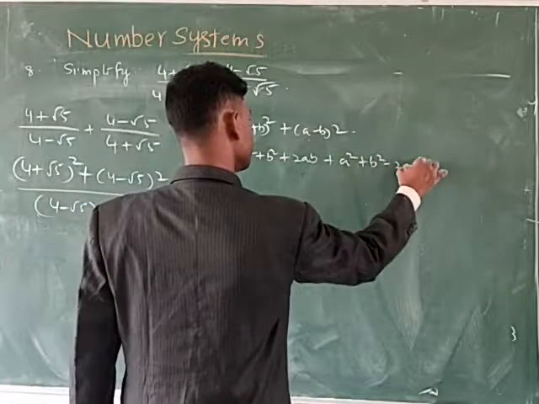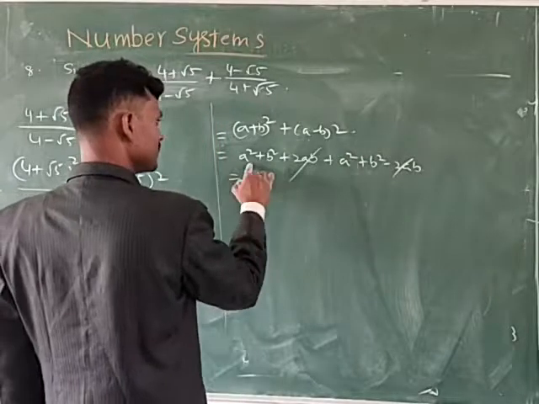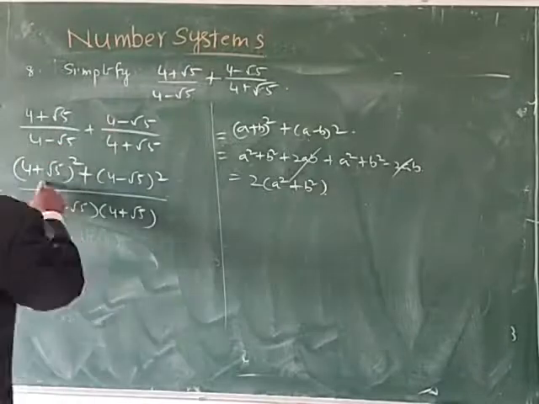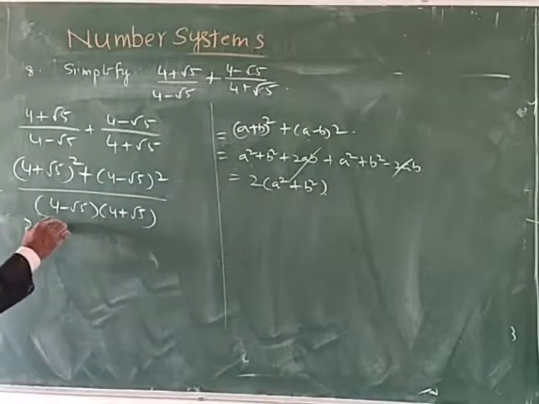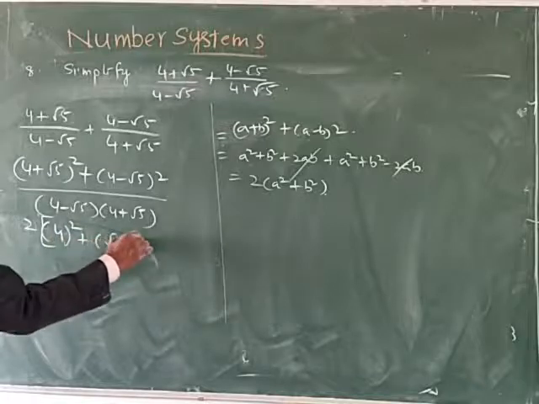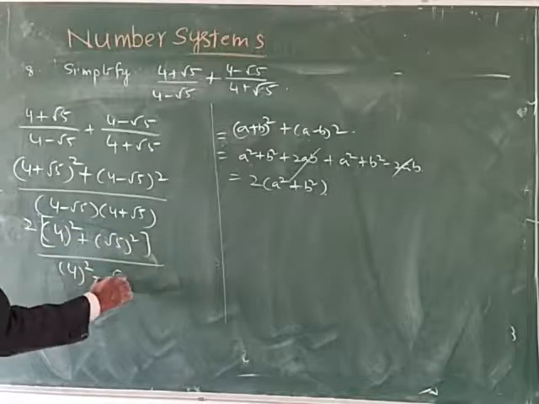Now which terms are cancelled? The 2ab terms are cancelled. Then this is a square plus a square, 2a square plus b square. This is also written as 2 times (4 square plus root 5 whole square), divided by (a + b)(a − b), that is 4 square minus root 5 whole square.